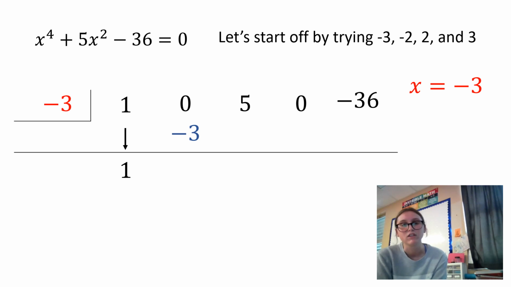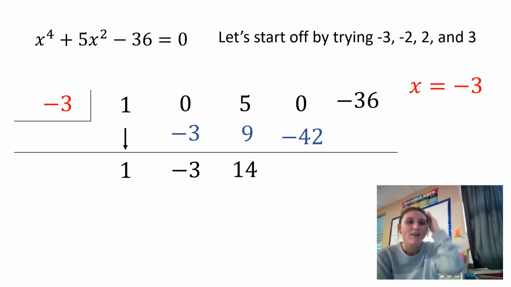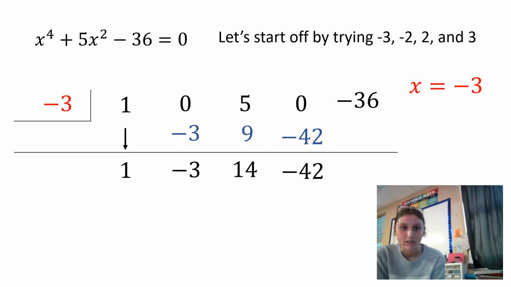0 times -3 is -3. And then -3 times -3, which goes to 9. 5 plus 9 equals 14. 14 times -3 is -42.